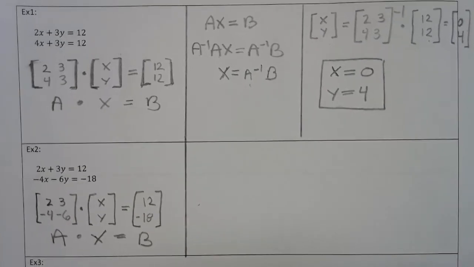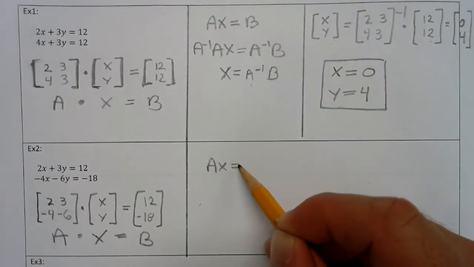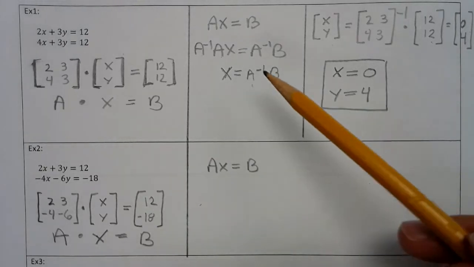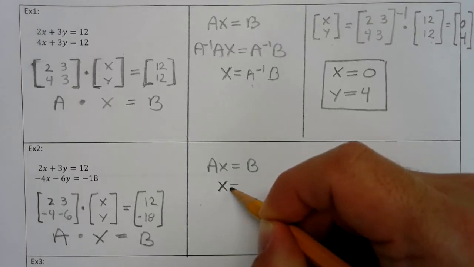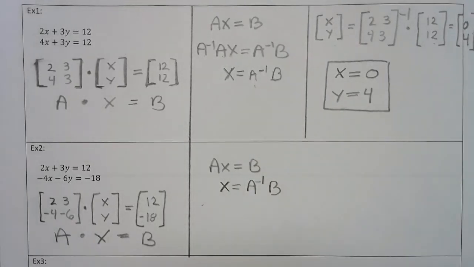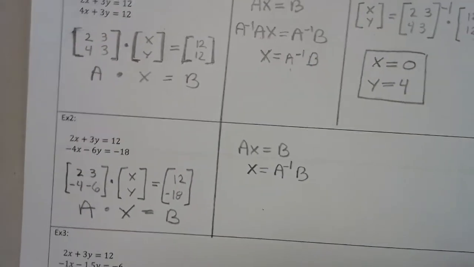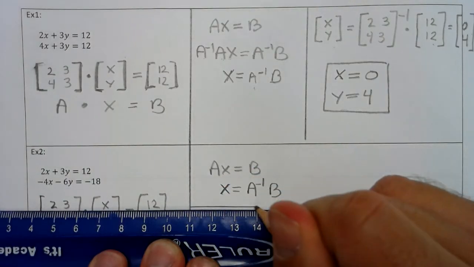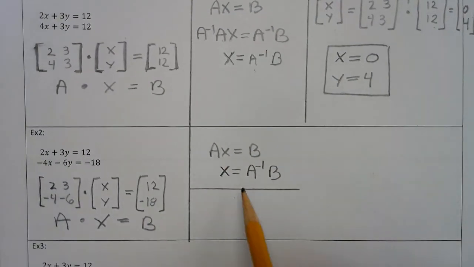All right, so we know that AX equals B. And you can actually, I'd be okay on a test if you didn't write this line. You could write from this to this: X equals A inverse B. Okay? So now we want to plug in the matrices.